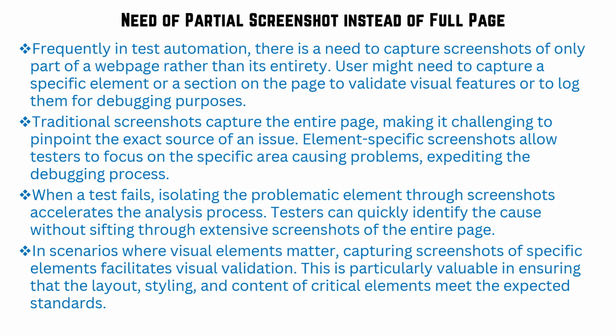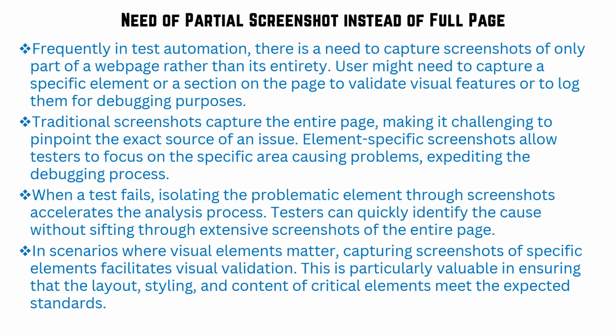Frequently in test automation, there is a need to capture a screenshot of only part of the web page rather than its entirety. You might need to capture a specific element or a section of the page to validate a visual feature or to log it for debugging purposes. I would not require the whole page, because the failure is not on the whole page; the failure is only with one object.